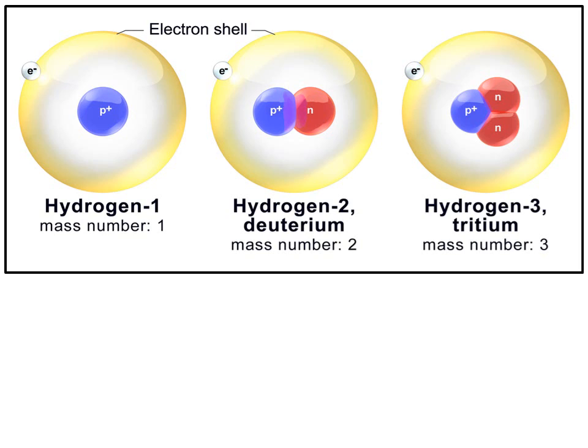The first one has atomic number and mass number the same, 1 and 1. For the second one, the atomic number is the same, 1, but the mass number is 2, so it's called deuterium. Third, hydrogen 3 is tritium. Its mass number is 3 but the atomic number is 1.